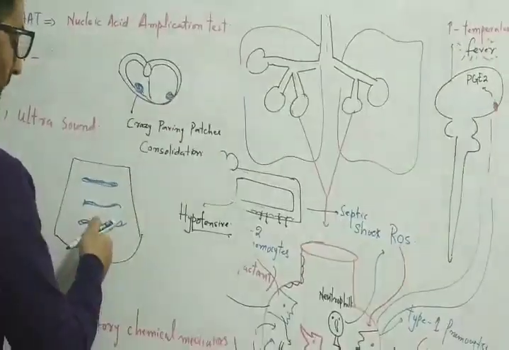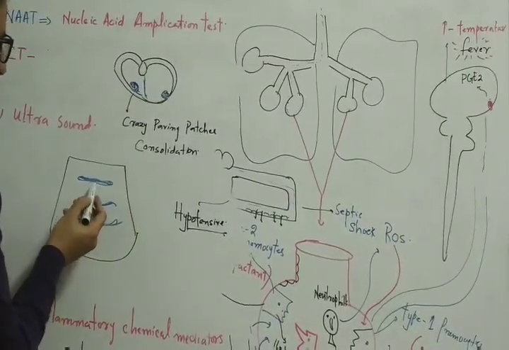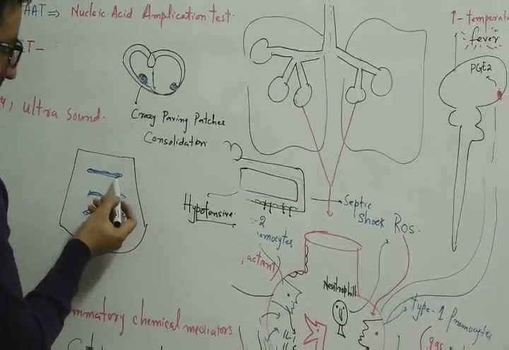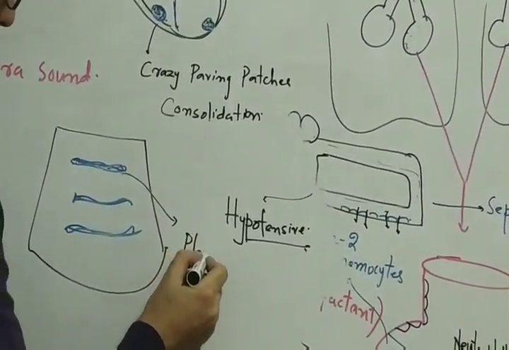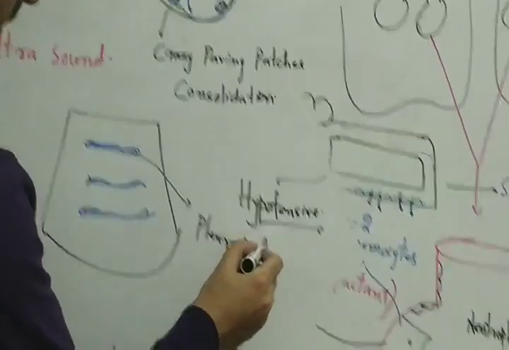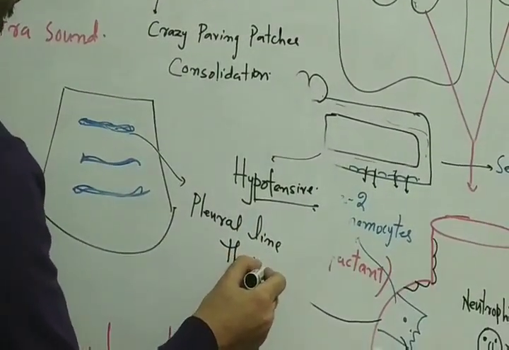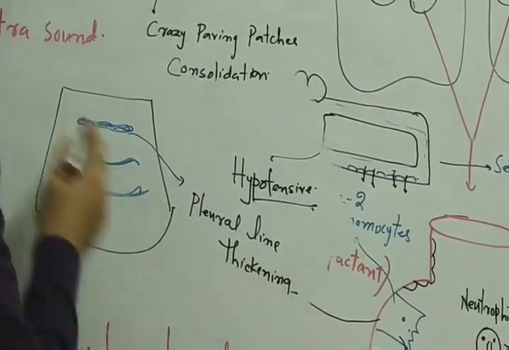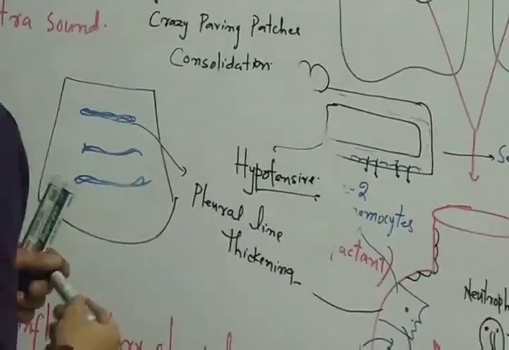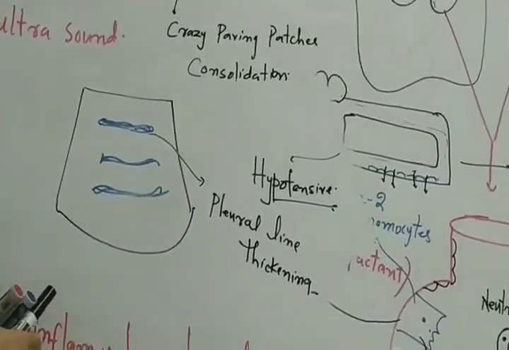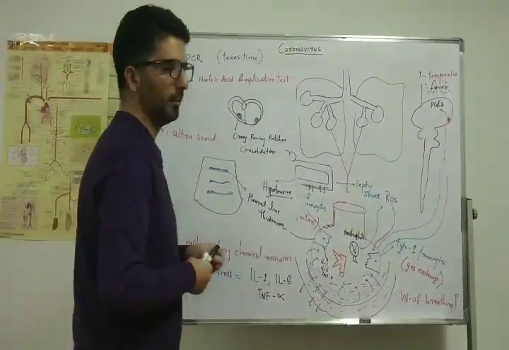The lines are actually pleural line thickening. During ultrasound, if we see these pleural line thickenings, then we can say this patient is a coronavirus patient. So this was all about the coronavirus, and I hope you understood well. Thanks.